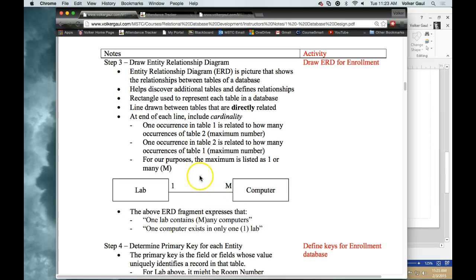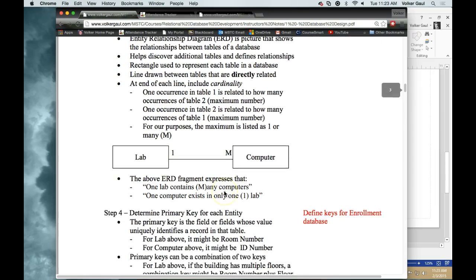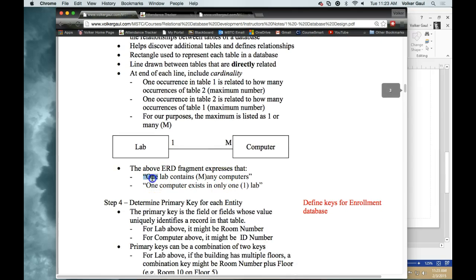And when you do these cardinalities, you always start with the word one. One lab contains, figure some word here. Some ERDs actually put a diamond in here that designates that this is a relationship. If it helps you, knock yourself out. They put some verb in there, but usually that verb reads well in one direction, but it doesn't read well in the other. So realize that there's a relationship here.